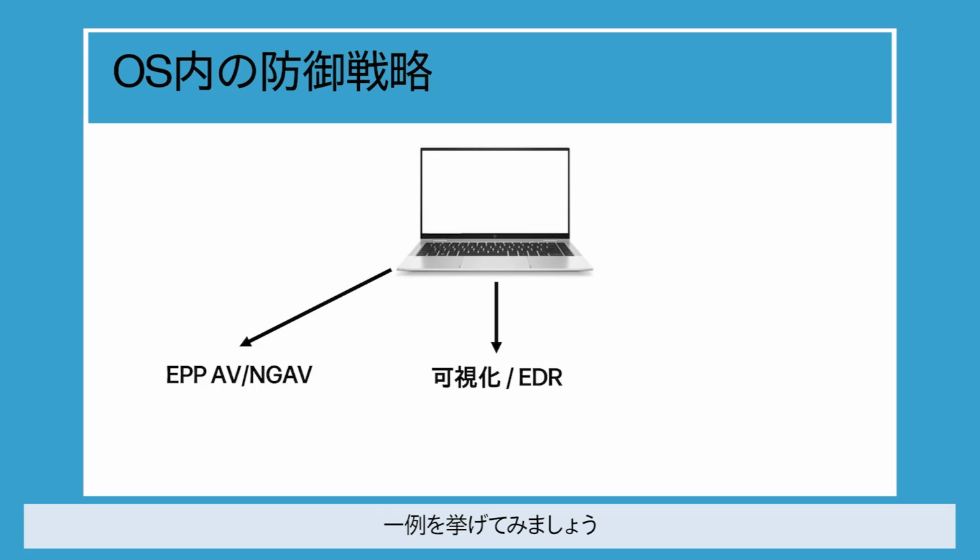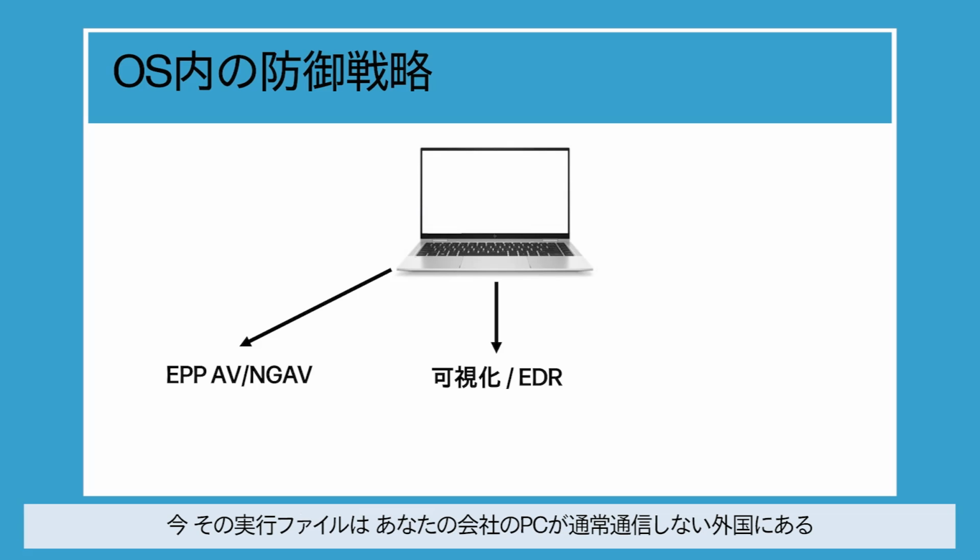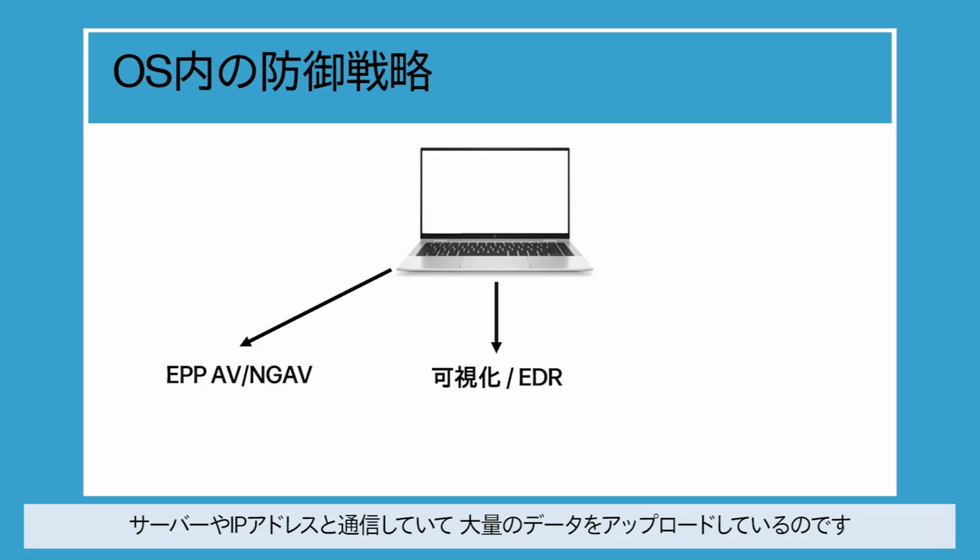I'll give an example. Perhaps a new executable loads on one of your PCs. And this is the first time that that executable with that unique signature has run on any of your devices. And now that executable is talking to a server or IP address in a foreign country that your PC normally does not communicate with, and it's uploading a lot of data.